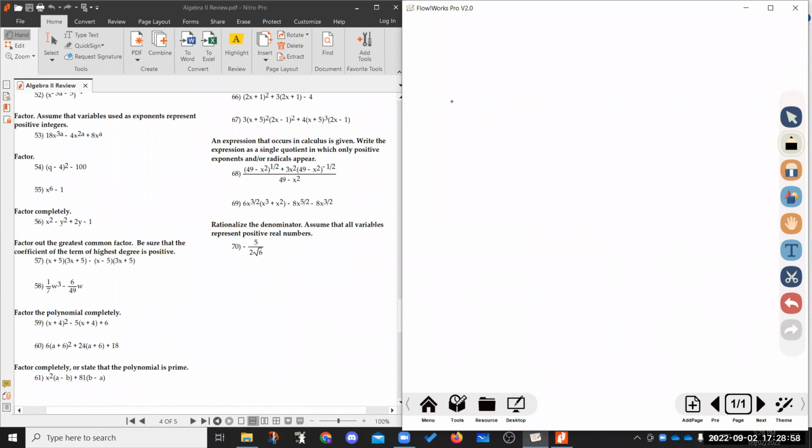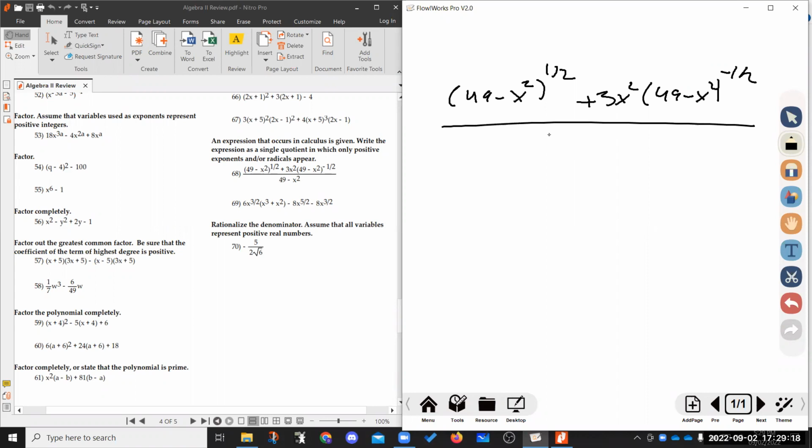On to 68. Just a few problems left. We have (49-x^2) to the 1/2 power, plus 3x squared (49-x^2) to the negative 1/2 power, over (49-x^2), the first power in the bottom.